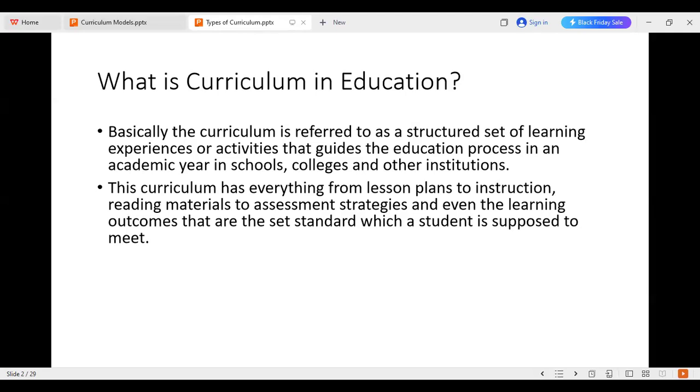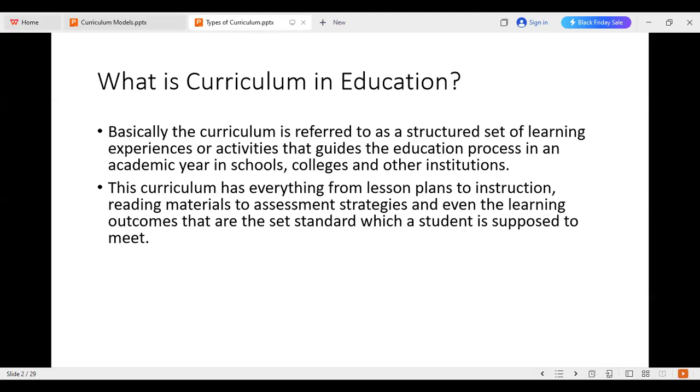In the Sri Lankan context, we have different ideas about curriculum, particularly in the government sector. This curriculum has everything from lesson plans to instruction. Here I am discussing school-based curriculum, reading materials, assessment strategies and even the learning outcomes.